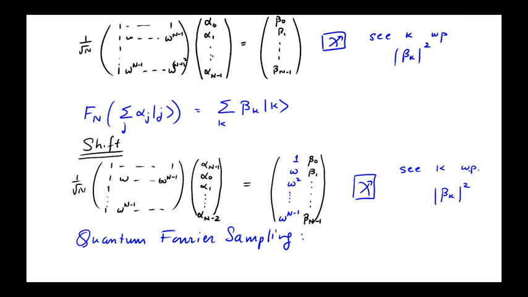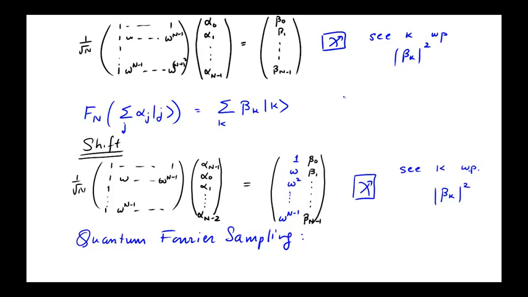Okay, so now to some of you, this property of quantum Fourier transforms might look very familiar, and the reason it looks familiar is probably because it is. So this property that when you shift the input superposition, the output superposition just gets multiplied pointwise by a phase.